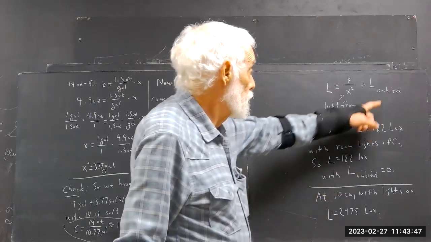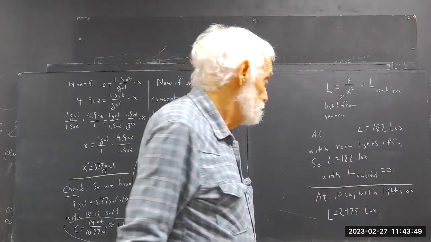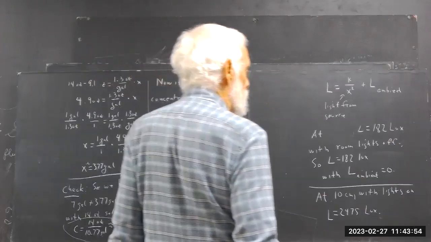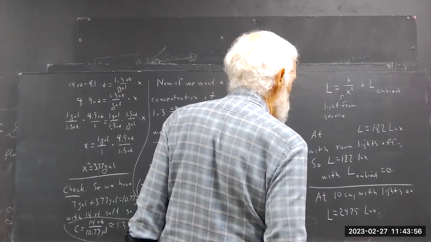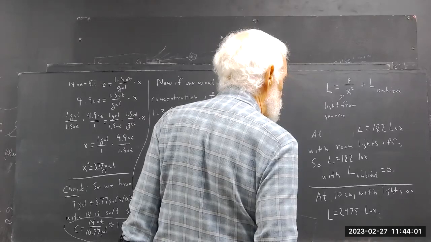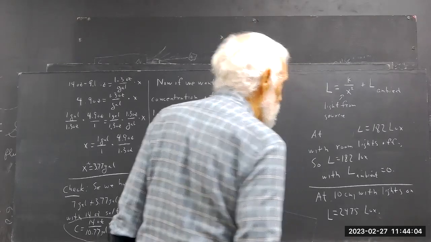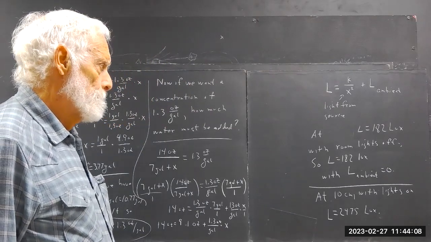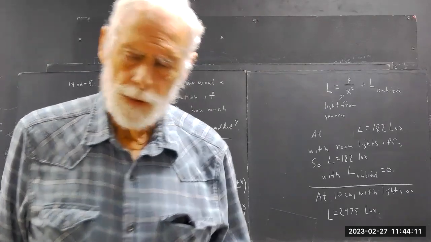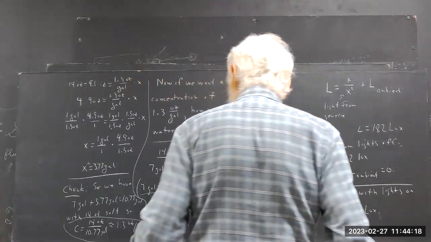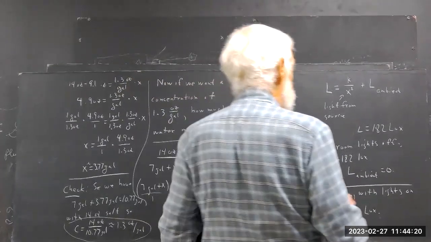Now we want to figure out what the ambient light is. Well, first of all, I think I've got my information on. No. I don't think it's the room lights that are off. I think it's the light that is off.